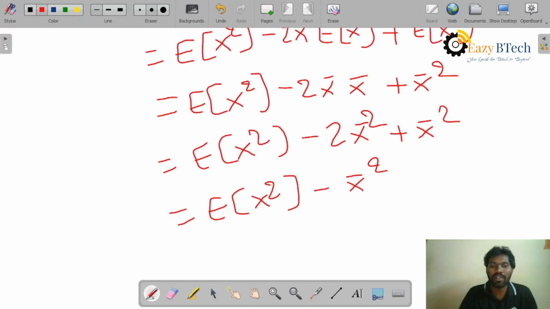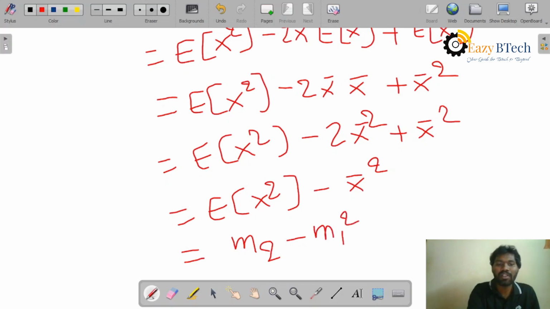If you write this in terms of moments about the origin, we already know that expectation of x square is equal to m2 minus x bar, meaning the first order moment m1, square, which is nothing but sigma x square.